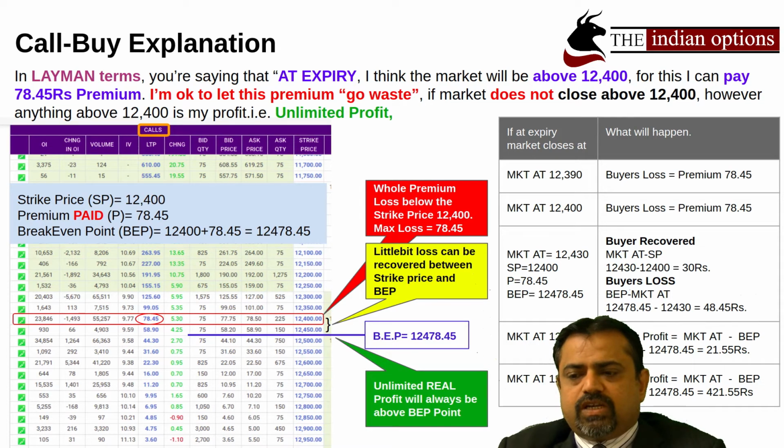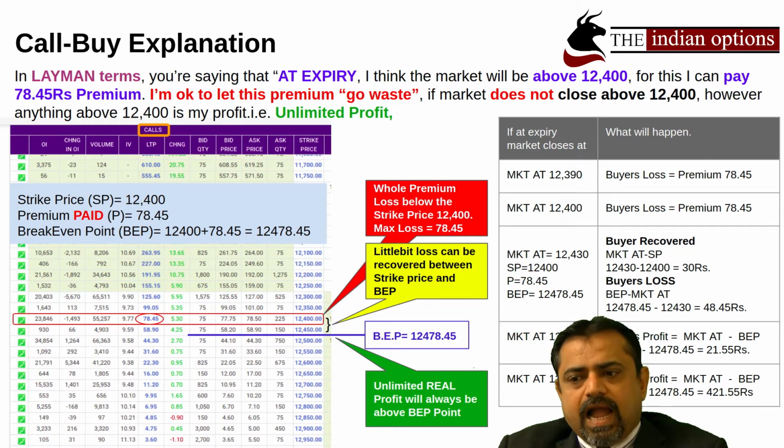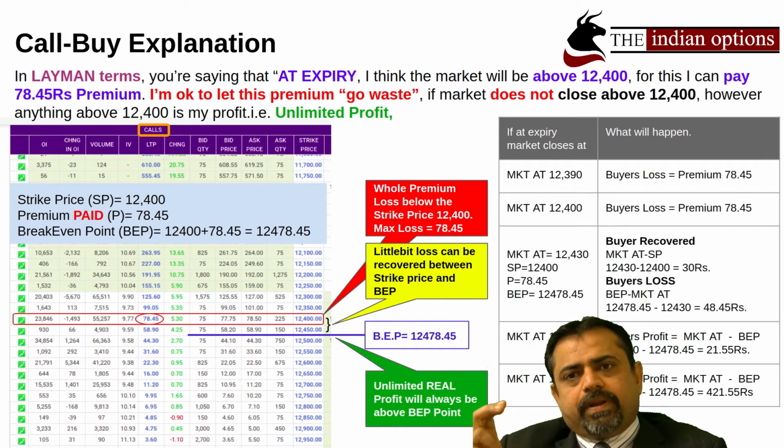Now in this situation, the market is trading at 12,430 and his strike price was 12,400. So he has made a 30 rupees profit. Okay, so he is going to get that 30 rupees back. And his loss is going to be the maximum premium that he had paid, that is 78 rupees and 45 paise, minus the 30 rupees that he has already got.